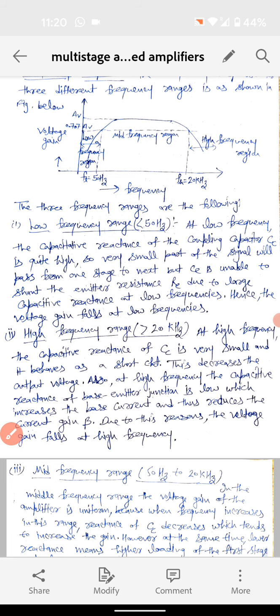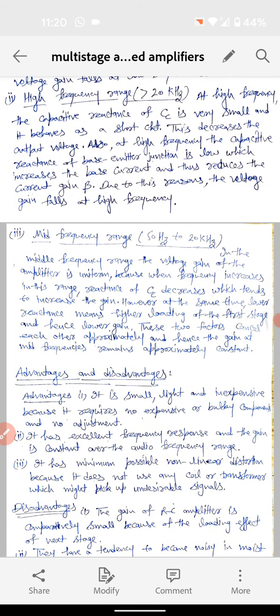Now we come to the very important part, which is the mid frequency range, the range between 50 hertz to 20 kilohertz. In this range, as per our frequency response curve, the voltage gain of the amplifier is uniform.